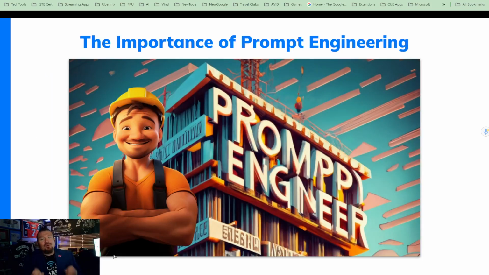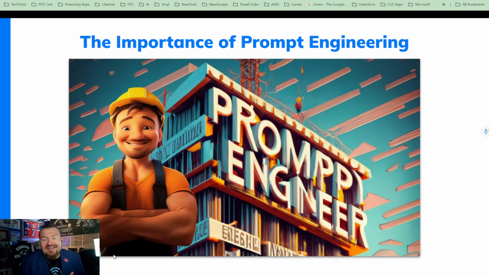That is why it's so important in learning how to ask what you want these machines to do. That is why it is so important that we train ourselves and students into becoming the best prompt engineers that they possibly can be. Now, what that means is they need to know the nuances of asking a question.